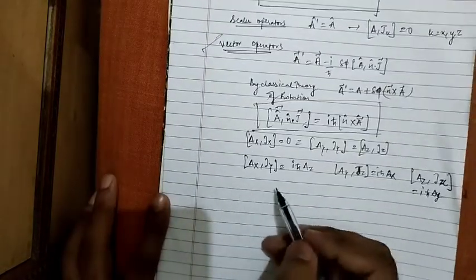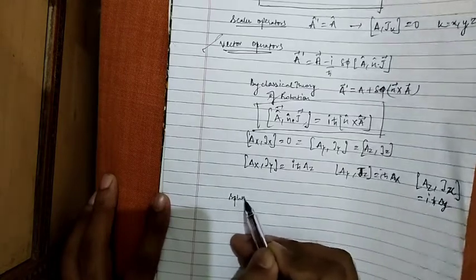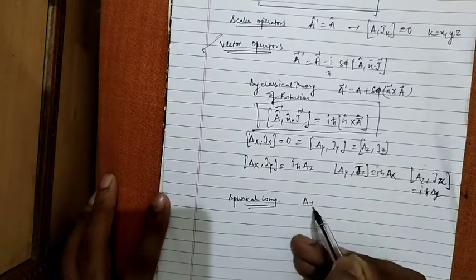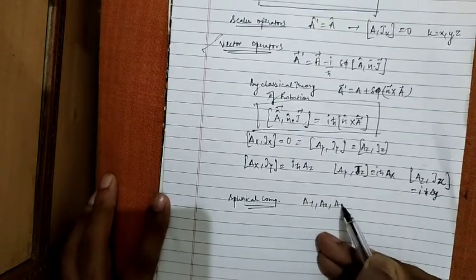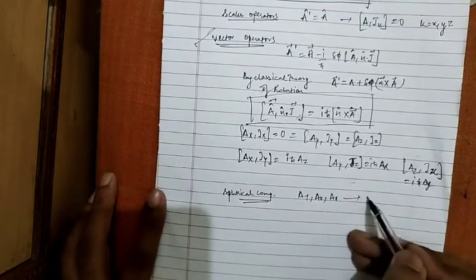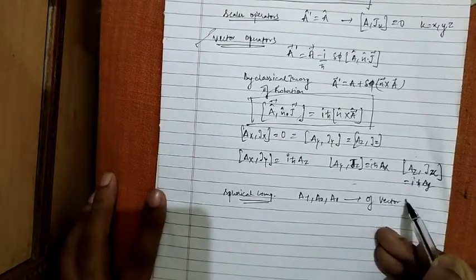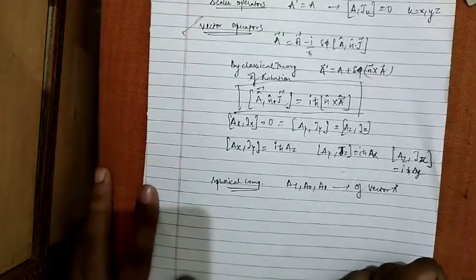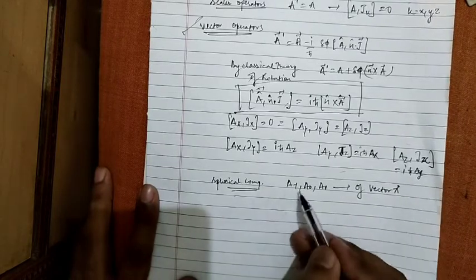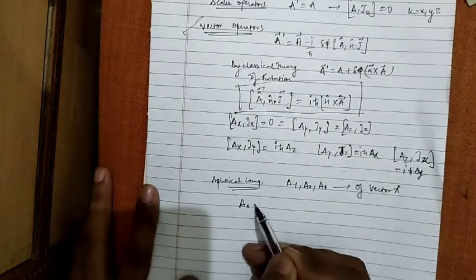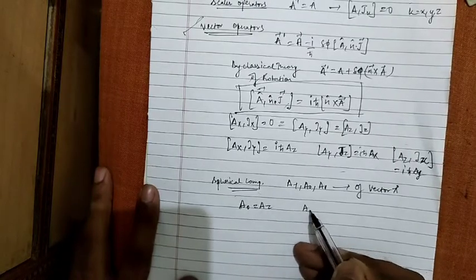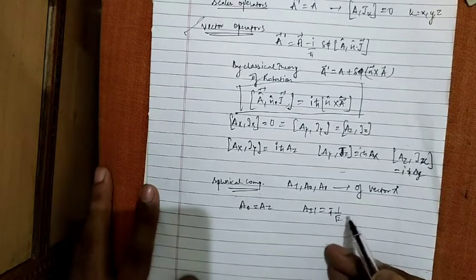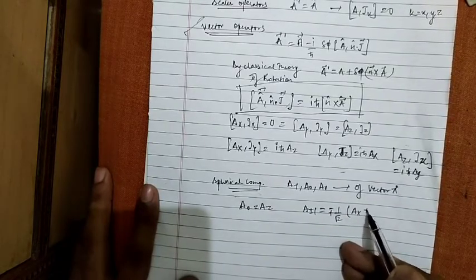Now let's introduce spherical components. The spherical components A minus 1, A0, A plus 1 of the vector A, if they are defined in Cartesian coordinates Ax, Ay, Az, follow as A0 equals Az and A plus minus 1 equals minus plus 1 over root 2 times Ax plus minus i Ay.